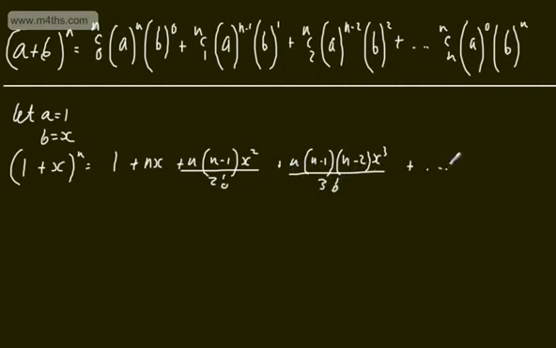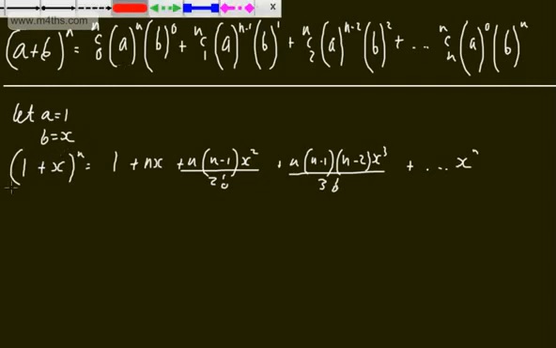Again, this is for a finite expansion, so we'll have a finite number of terms. When we have an infinite series expansion, this is adapted very slightly. So with this method, we could go ahead, for example, and expand (1 + x)^-4, or (1 + x)^(1/4).